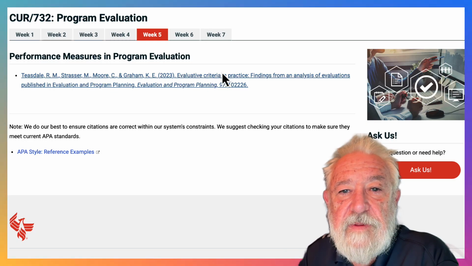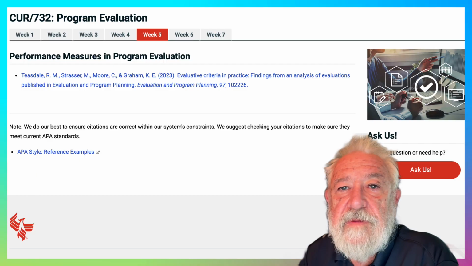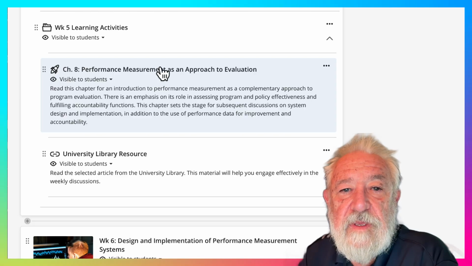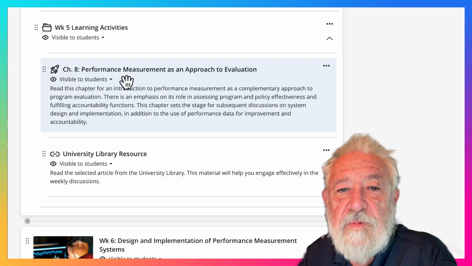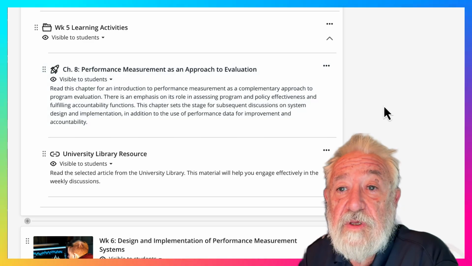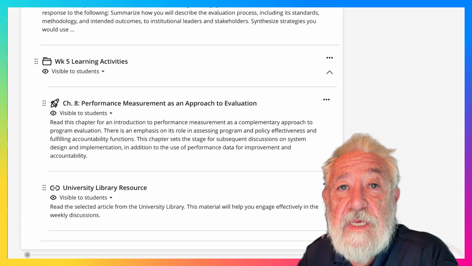It's about evaluative criteria in practice. And then chapter 8 is performance measurement as an approach to evaluation. This is a really good chapter. And so that's it for the week.